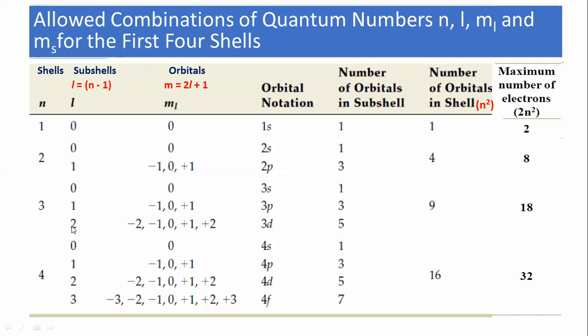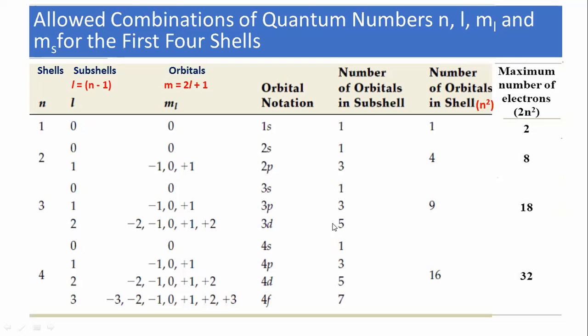When the value is 2, then by using this formula, there are 5 orientations: 0, plus 1, minus 1, plus 2, minus 2. And this orbital is called the 3d. 3 is coming from the shell and d is coming from the 2. When the L value is 2, that is called the d.